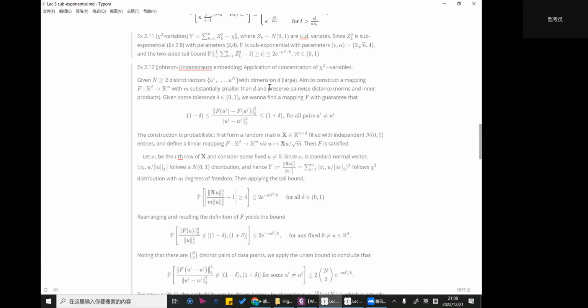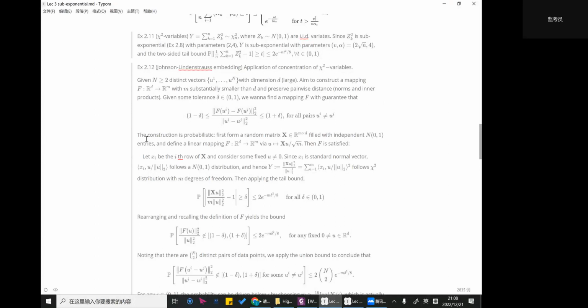This is typically with high dimension, and we want to contract the mapping so that the dimension of the mapping f is substantially smaller than the original dimension d, and we also want to preserve pairwise distance under the norm and inner products, which means that the distance after the mapping and before the mapping has some tolerance delta, and we have this formula.